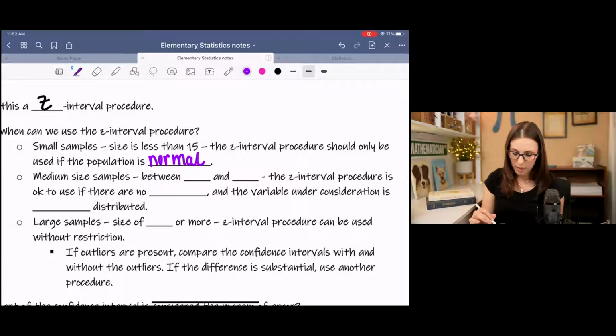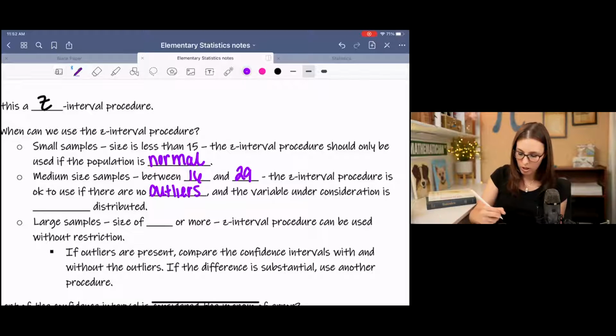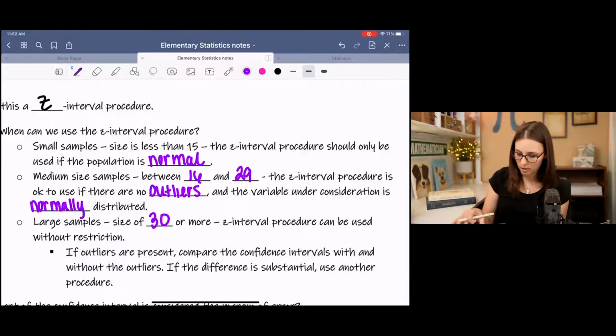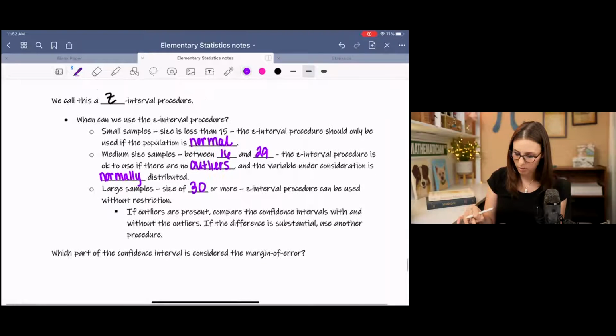If the sample size is medium, between 16 and 29, the Z-interval procedure is okay to use if there are no outliers and the variable under consideration is normally distributed. And if it's a large sample size, 30 or more, then the Z-interval procedure can be used without any restrictions. It doesn't have to be normal or anything like that. So it's a nice review of central limit theorem.